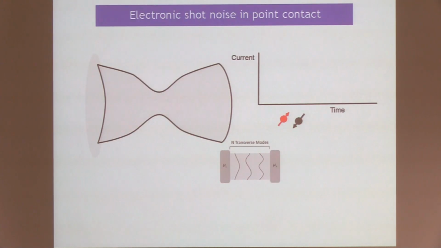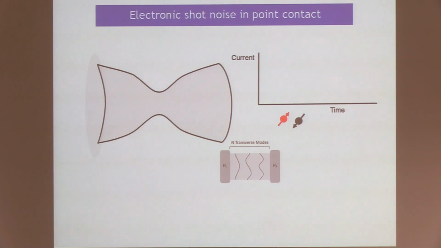Now, when do we expect shot noise? Shot noise comes from the discreteness of electronic charge. If current passes through a narrow constriction of the order of a few angstrom or a few nanometer, it acts like a tunnel barrier, and an electron can either go through or backscatter. These are the two possibilities.